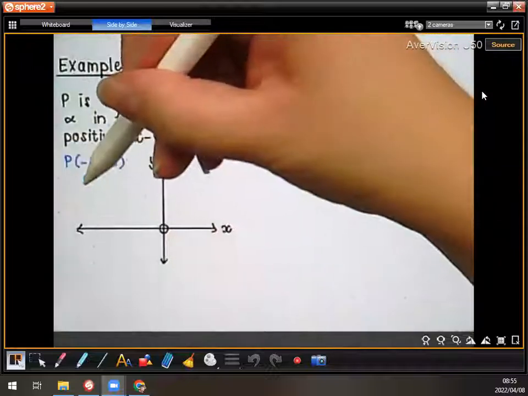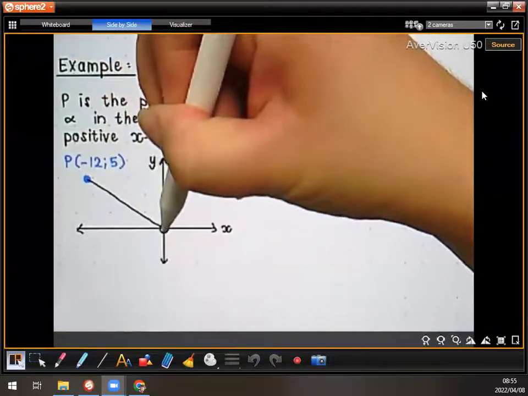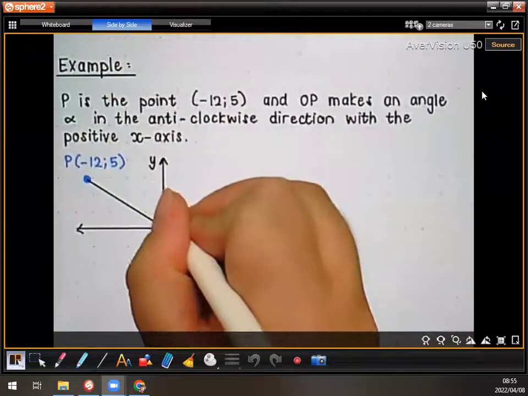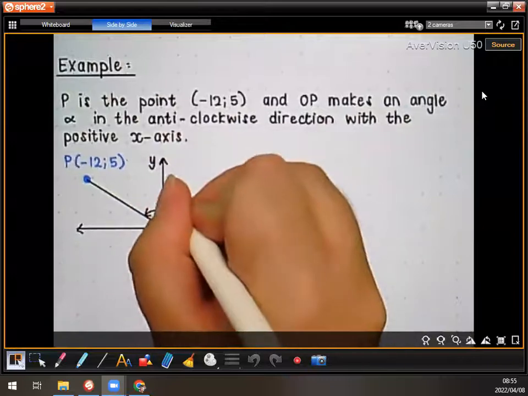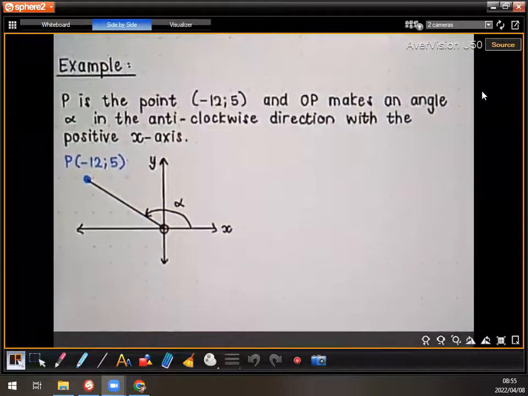How we're going to draw that is you're going to connect that point to the origin, and then this is the angle alpha.